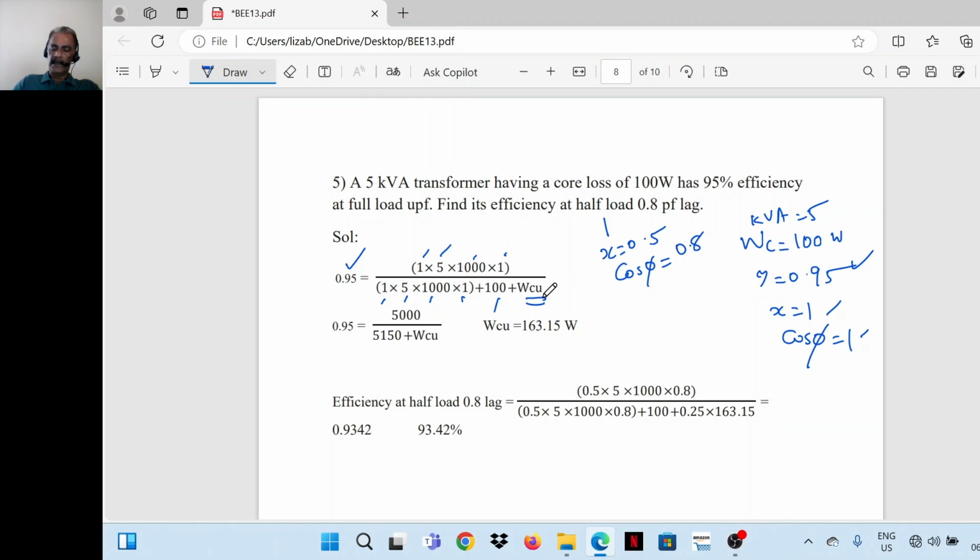In the first case, x is equal to 1, so the term here is the full load copper loss WCU, there is no x here. x square is 1 only. So from this equation, we can simplify it. 0.95 is equal to 5000 divided by 5150 plus WCU. So full load copper loss is 163.15 watt.